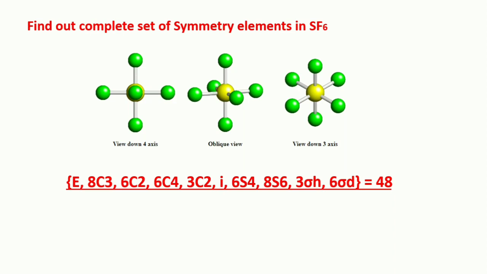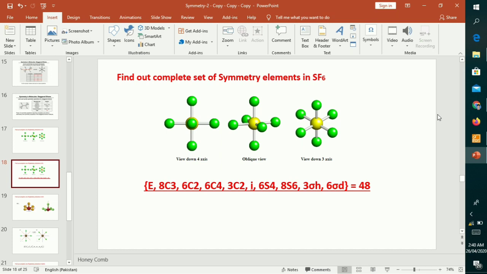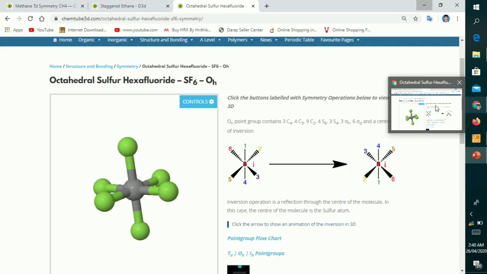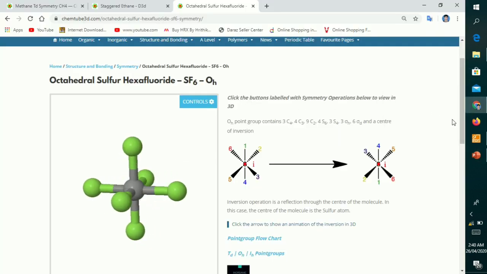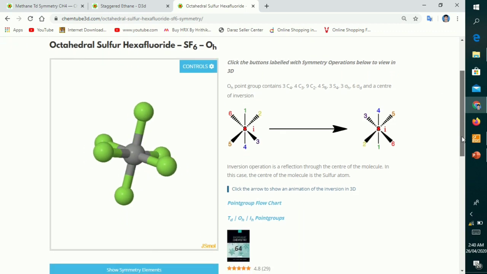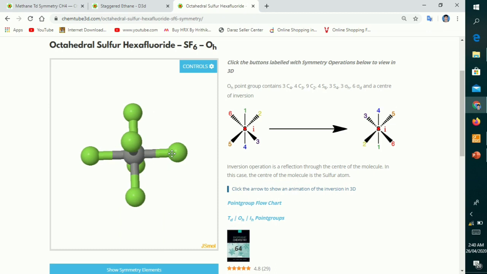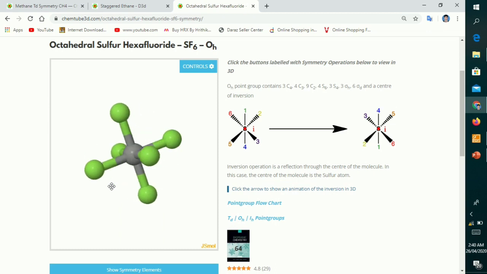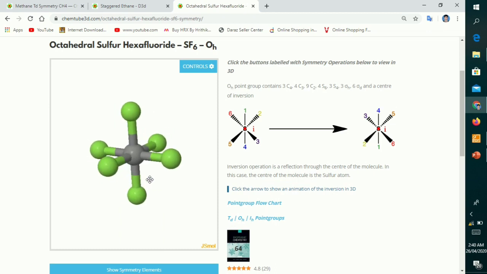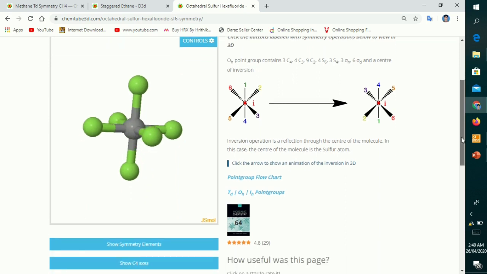So let's have a look at the three-dimensional structure of SF6. Here is the SF6 molecule. Yes, octahedral geometry, and there are many symmetry elements present in SF6 molecule.